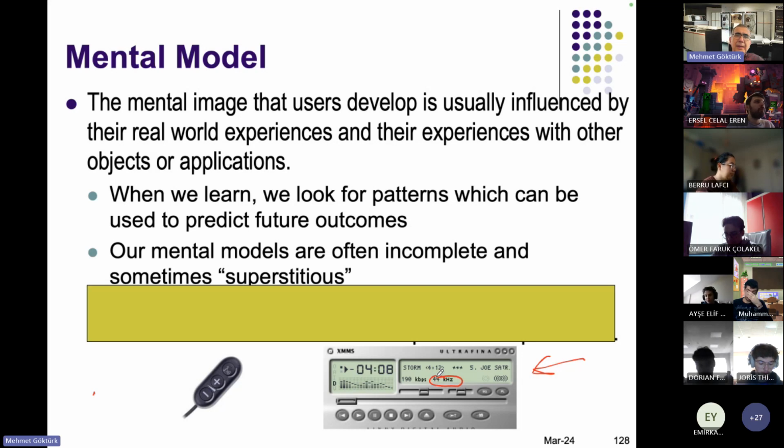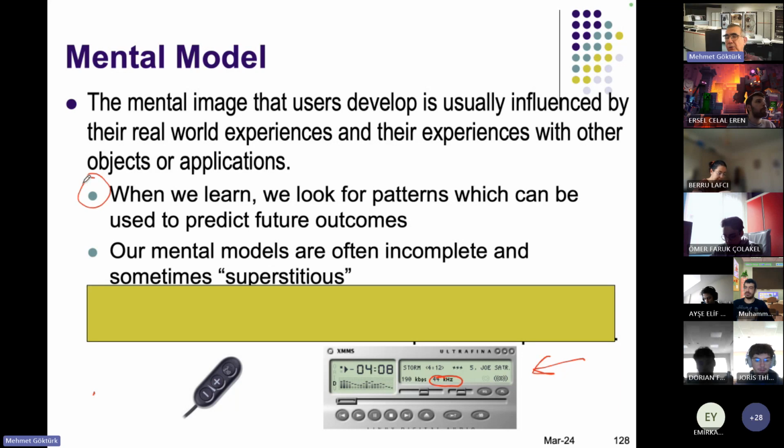For example, if I think that it is a refrigerator, I will act differently. Or if I think that it is a control panel of a communication device, then I will act differently. Maybe I won't act at all. But this looks like an MP3 player which I have seen before. Therefore, the mental model is constructed so that I can use it.